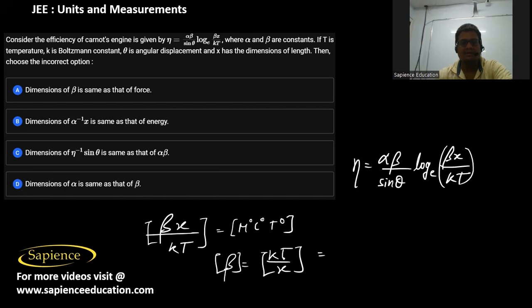Now kT means it is the thermal kinetic energy. Here k is Boltzmann constant. So it is M L squared T power minus 2, which is the dimension for energy, divided by length L. So it is same as the dimension for force, which is M L T power minus 2. So dimensions of beta is same as that of force, and dimensions of alpha we have to find.